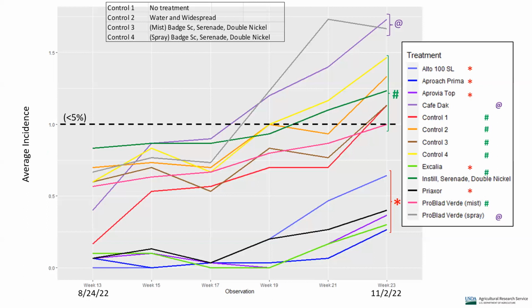You had that grouping in the center, which, believe it or not, all of the controls, including a no spray control, remained quite low. And we definitely believe that because management for incidence, the disease was very low throughout, cutting down on the inoculum load, we were able to get good control no matter what treatment was being used in this case.